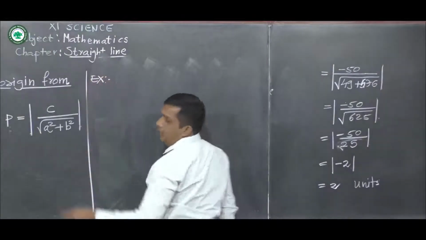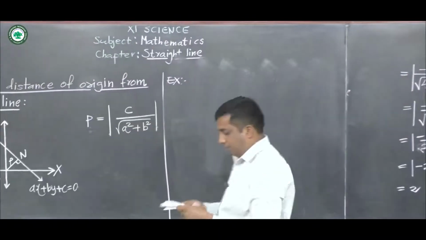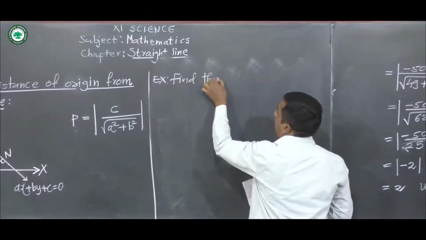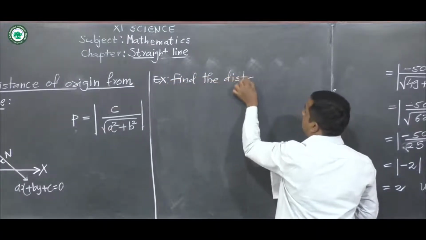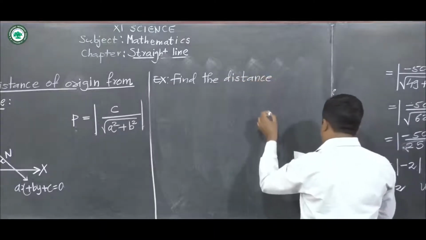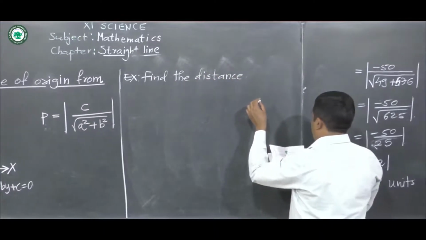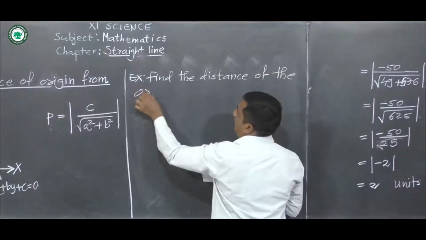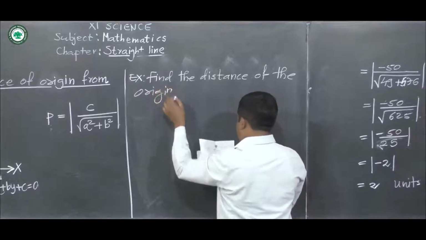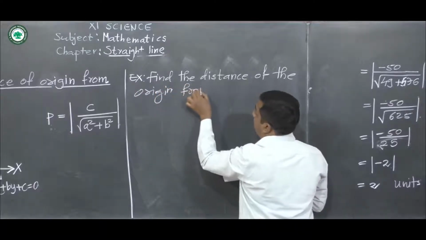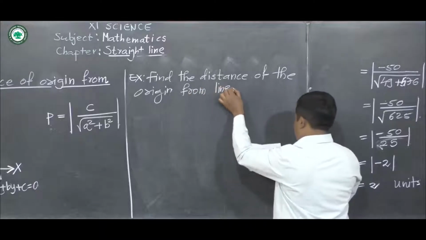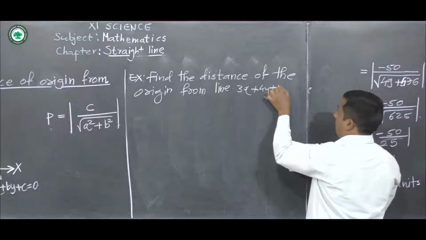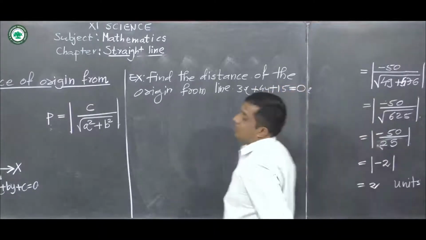Example, here given, find the distance of the origin from the line 3x plus 4y plus 15 is equal to 0.